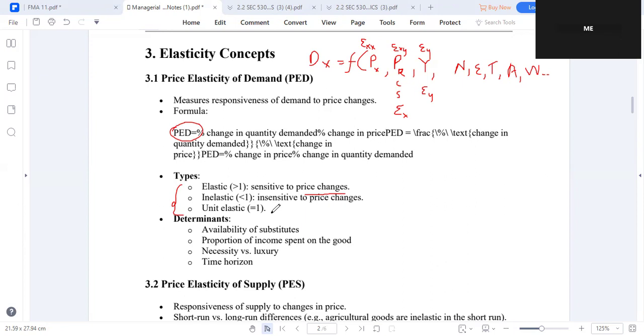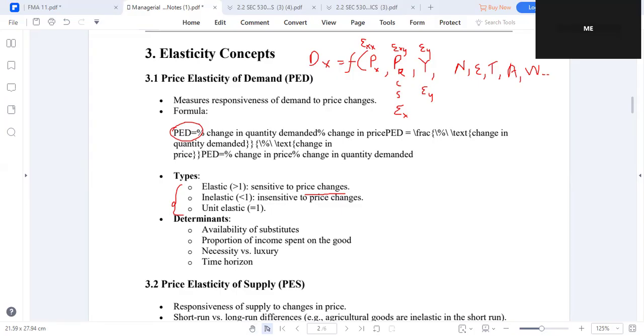An increase by 1% will result in a decrease by 1%. If it's less than 1, it means that it is inelastic, meaning an increase in the price by 1% will result in a decrease in quantity demanded by less than 1%. That is what we call inelastic demand.